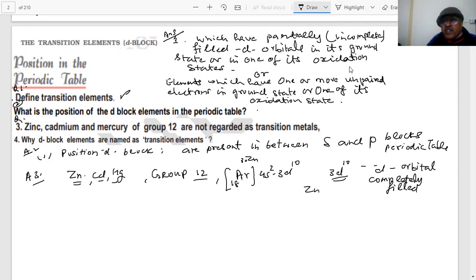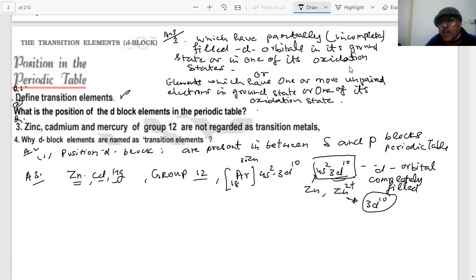For this, if I have zinc, the common oxidation state of zinc is Zn2+. Electrons will go from 4s; when electrons go, they go from 4s first. Then Zn2+ will become 3d10. Zinc is 4s2 3d10, the configuration of zinc, and this is zinc 2+.